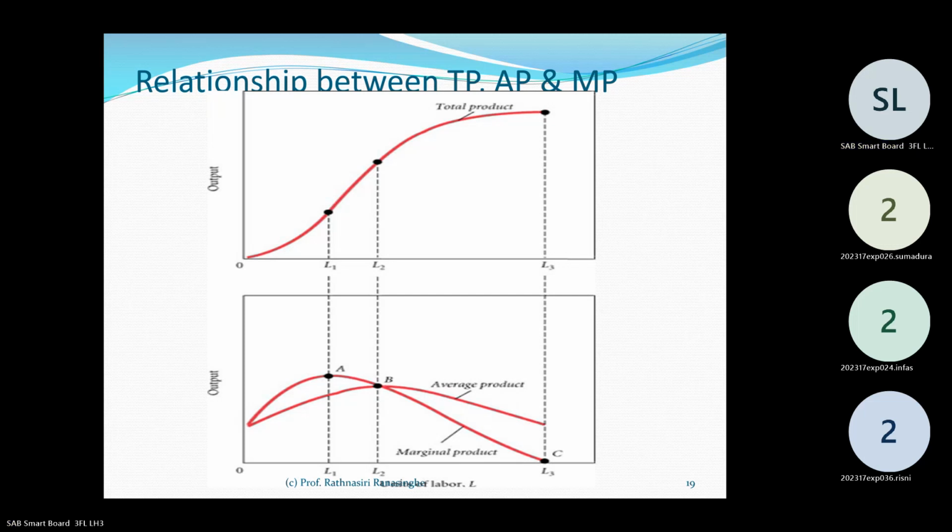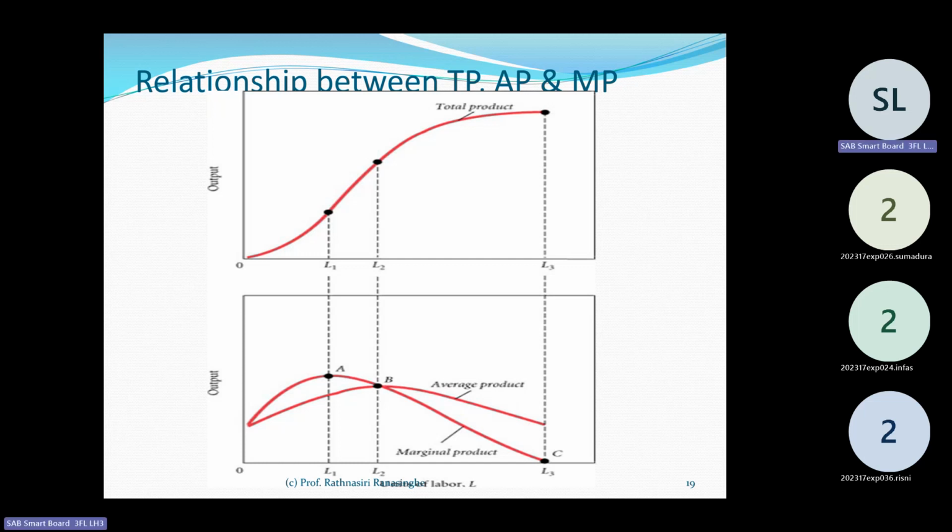Both the average product and the marginal product increase, but the marginal product is higher than the average product. At this point, both marginal product and average product are equal.